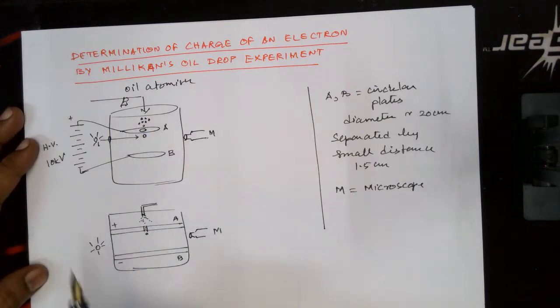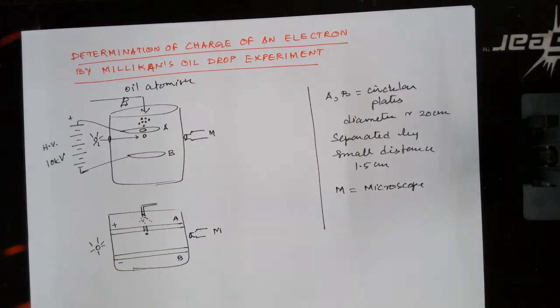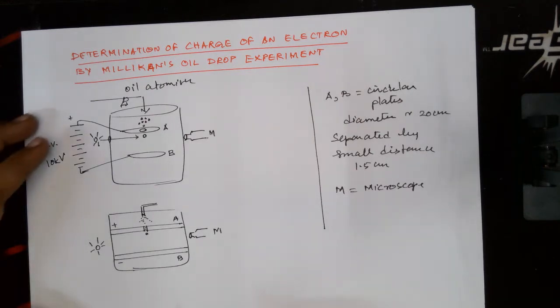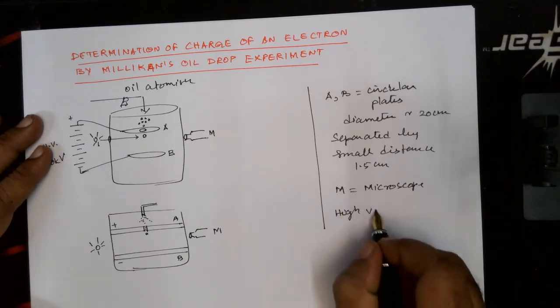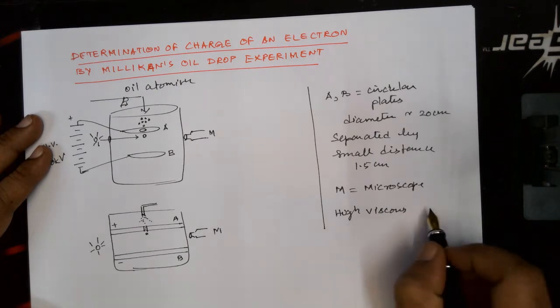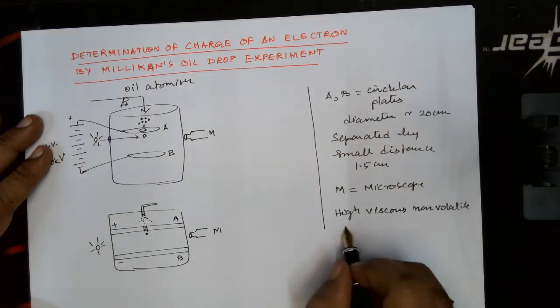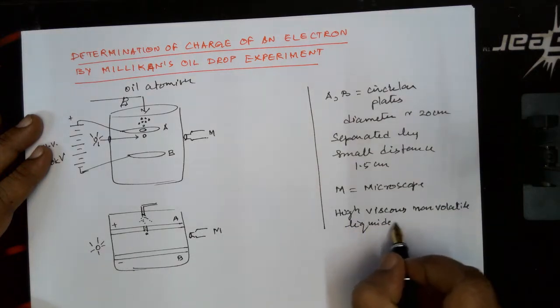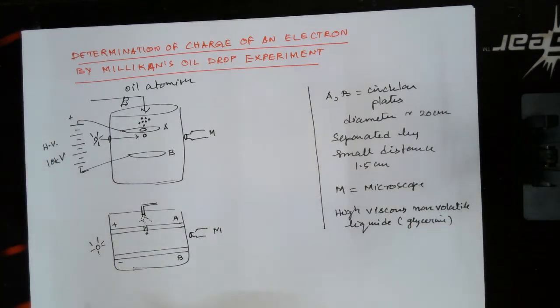A small hole is made at the top in the upper plate A, so that it will allow fine droplets of high viscous non-volatile liquid, like glycerin. It is sprayed through the oil atomizer.